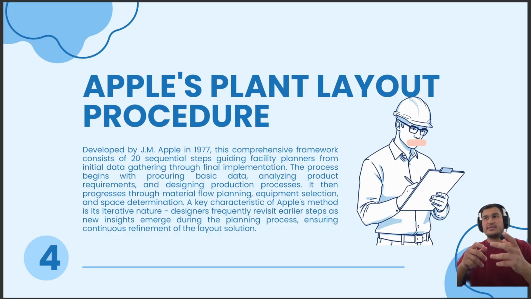It guides the designer all the way from initial data collection through production process analysis and material flow planning to constructing the final master layout and installing it. A key characteristic of Apple's method is that it's highly iterative. Planners frequently go back and revisit earlier steps as they discover new information.